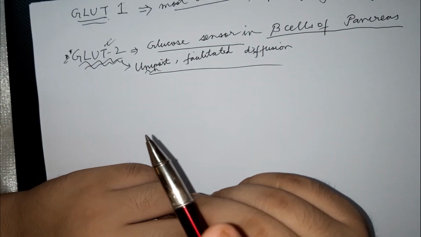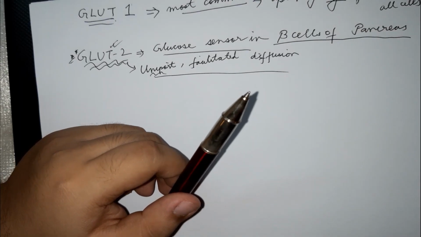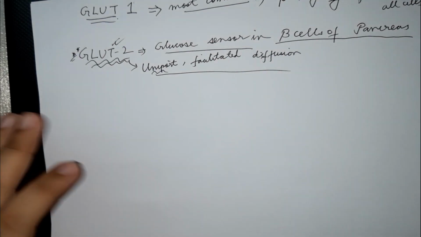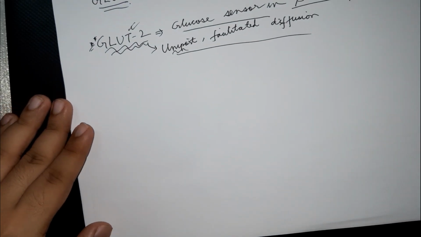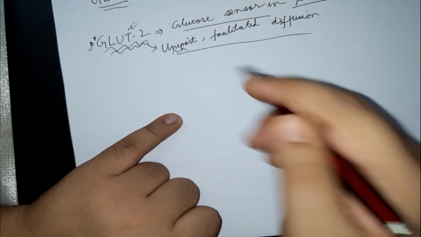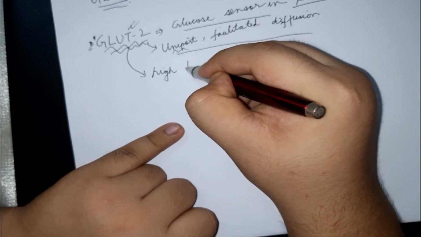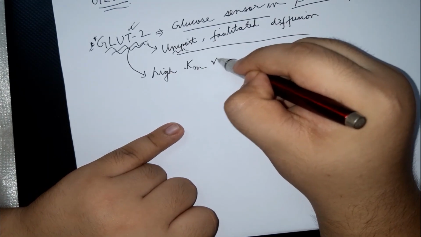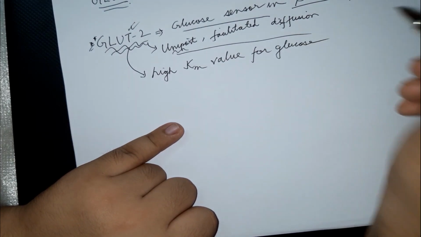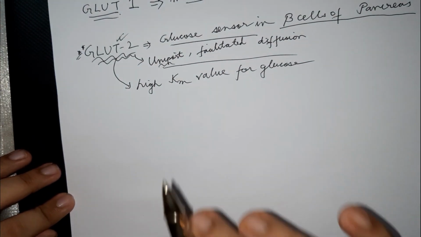So see, GLUT2 has a high Km value for glucose. Now see, this is how GLUT2 is special. Just remember this.